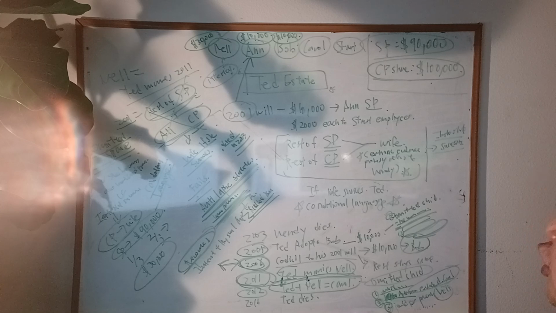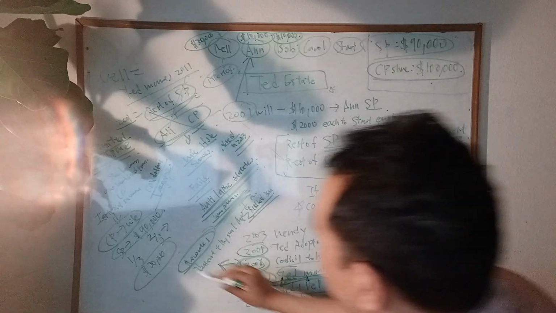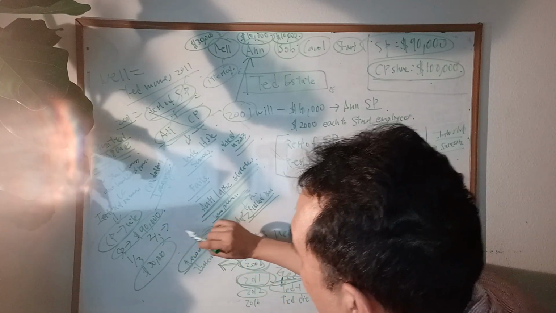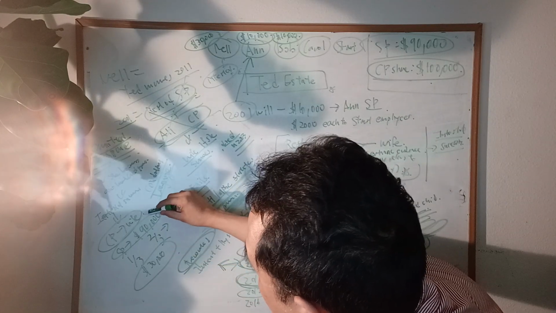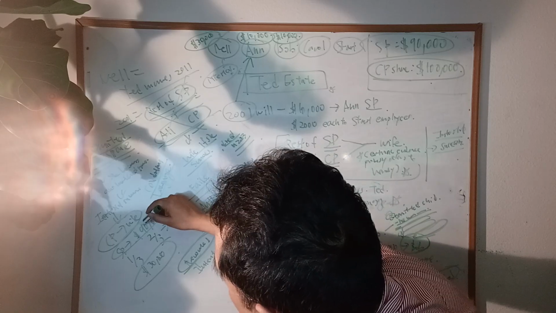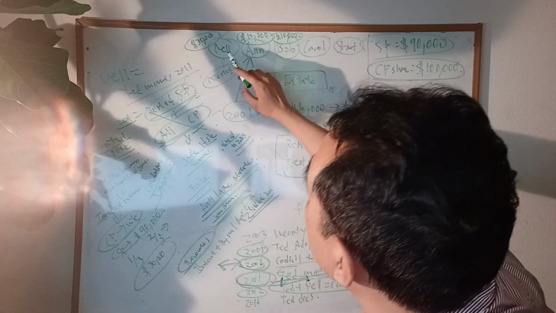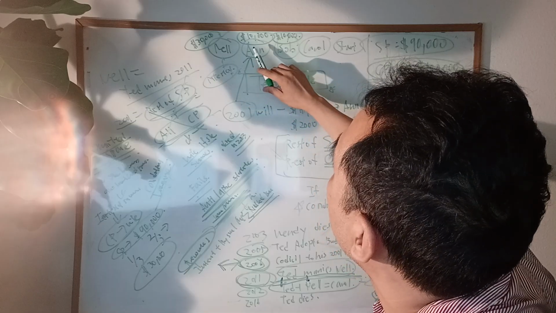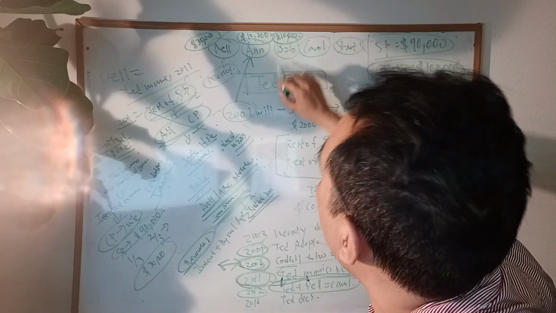So as an omitted child, out of 90,000, after giving 1,000, 90,000, 30,000 to Nell and Bob.